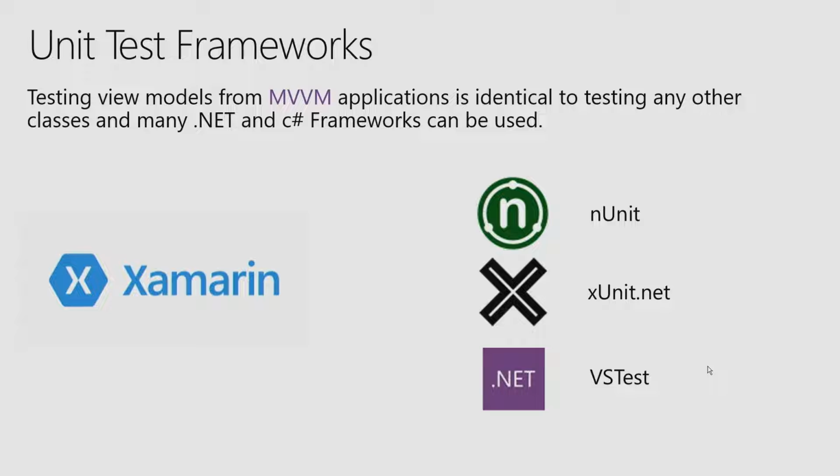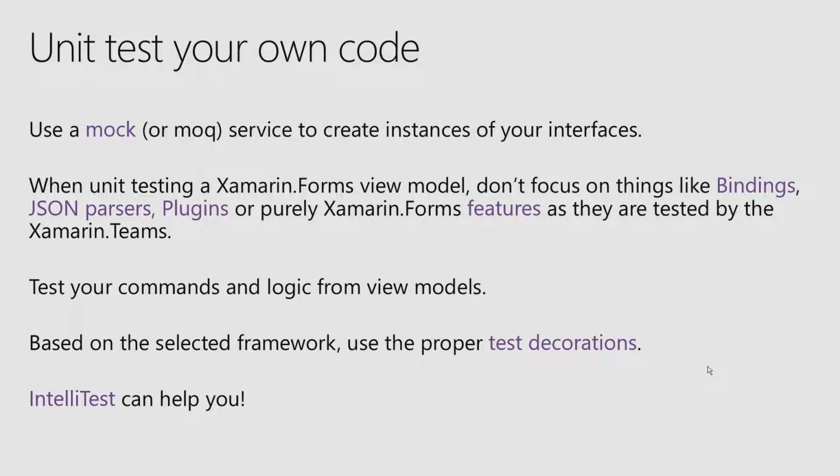So it's nothing new in our scenario. While testing a Xamarin or Xamarin Forms application, it's very important to unit test your own piece of code. So it's very handy to use a mock or a mocking service in order to create instances of your interfaces.